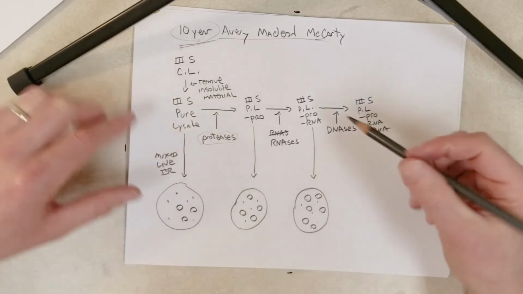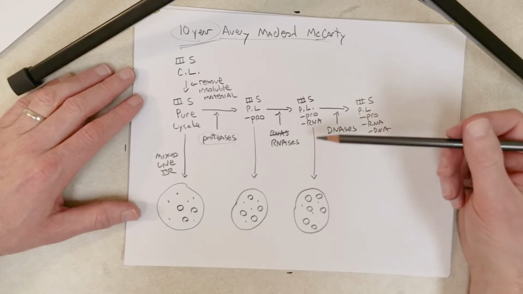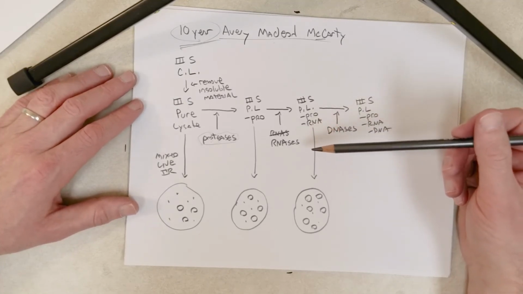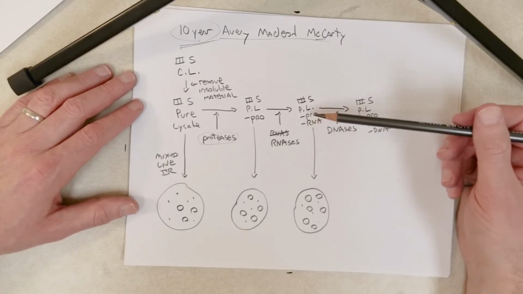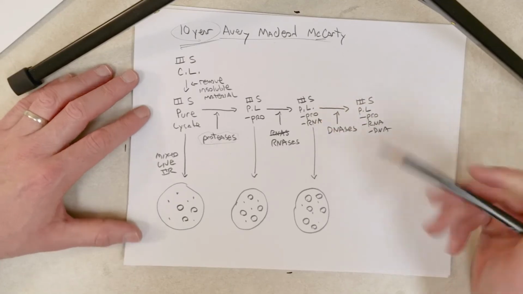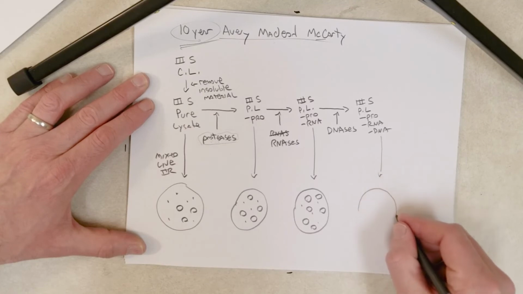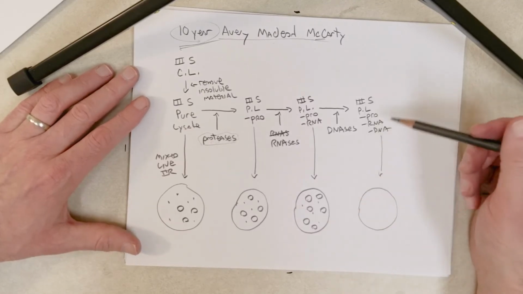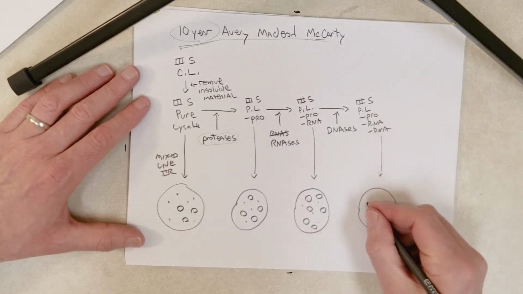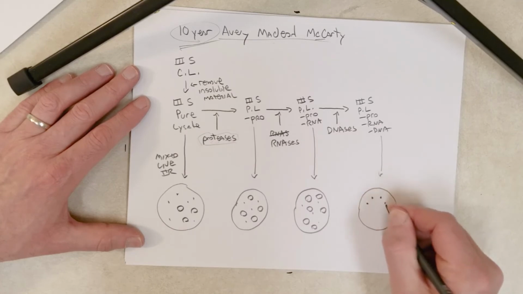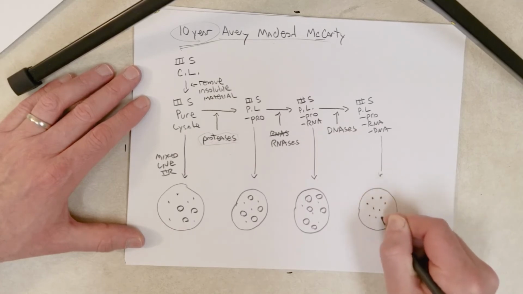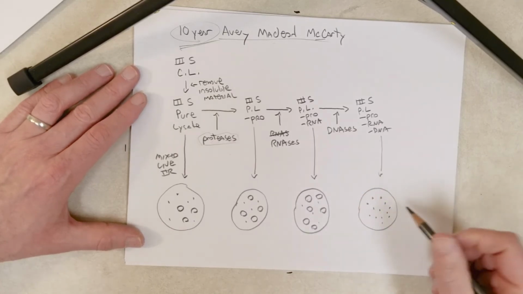Transformation is still occurring. So whatever is causing 2R to transform into 3S, it's not protein, it's not RNA. This one right here, you can probably guess, transformation did not work. So once you remove the DNA, transformation does not work. Only 2R cells were found.